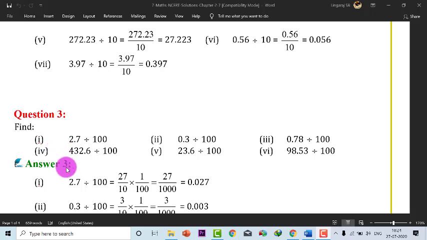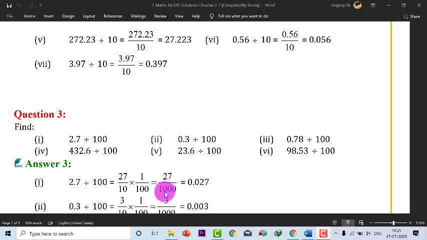Okay. So the first question is 2.7 divided by 100. It will be written as 27 by 10 into 1 by 100. So 10 into 100 is 1000. 27 into 1 is 27. So 27 by 1000. Here there are 3 zeros, so there should be 3 digits after the decimal point.